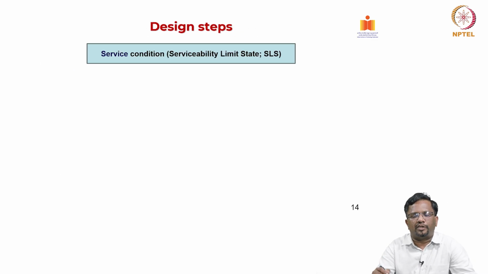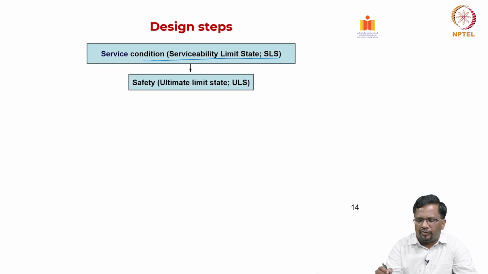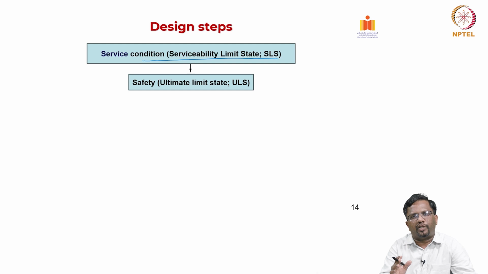Now, what are the design steps? As we have explained, first we have to check the service state, which is called the serviceability limit state. In fact, we design the amount of pre-stressing to satisfy the stress limits. Then we check for safety: whatever PT amount and profile we have chosen to satisfy the service stress condition, we also need to check whether that provided reinforcement is able to take care of the bending moment developed along the length of the member.